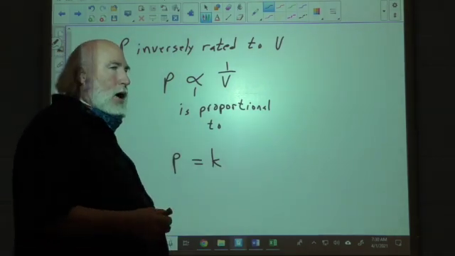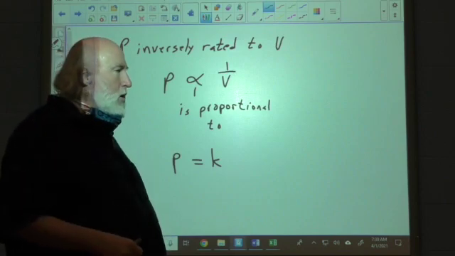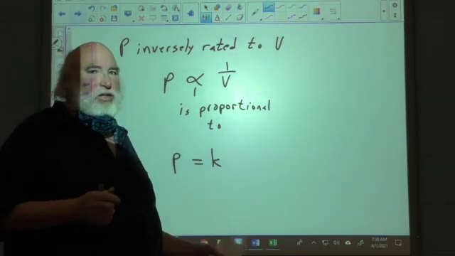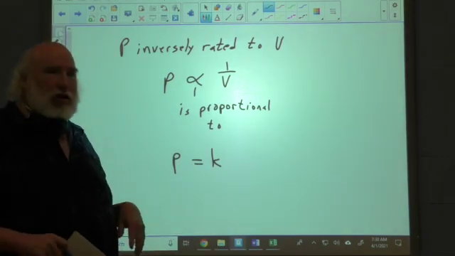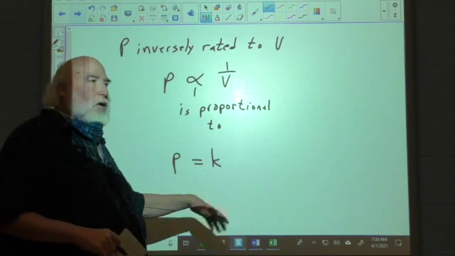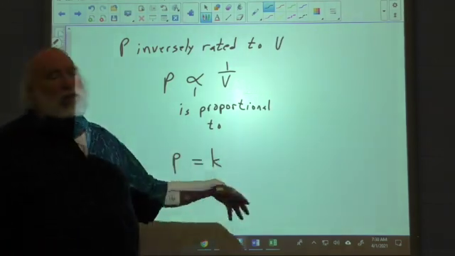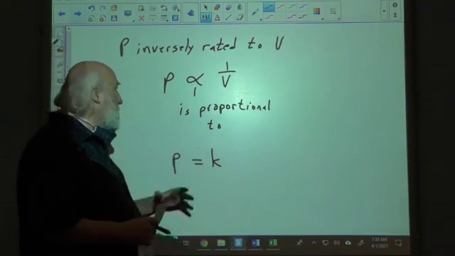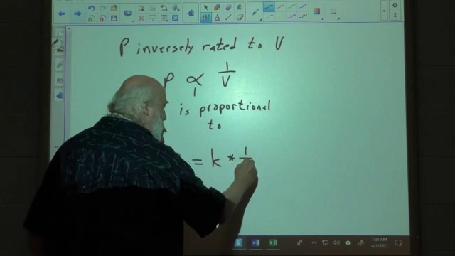Well, the Germans were really big into coming up with these mathematical relationships, and so the mathematicians tended to go to the K, which stood for constant. The German word for constant is Konstante, but it begins with the letter K, so that's why we use K. Anyway, P equals K times 1 over V.